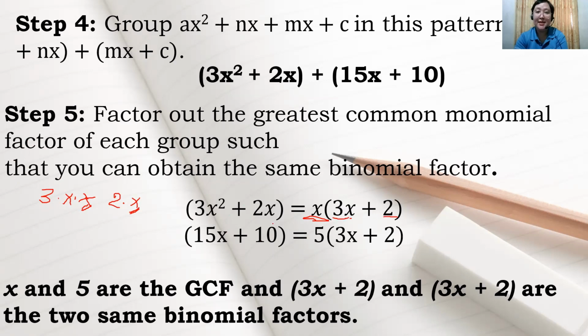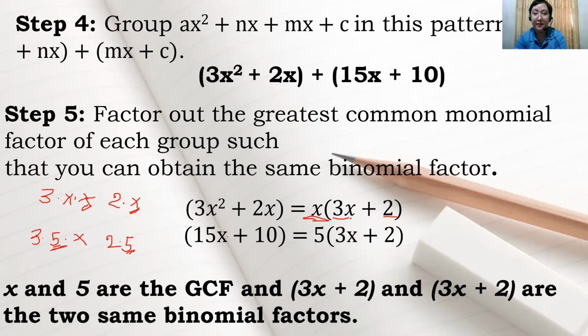And then what about 15x plus 10? Factors of 15, we have 3 times 5 times x. And factors of 10, we have 2 times 5. So therefore, their common factor is 5.